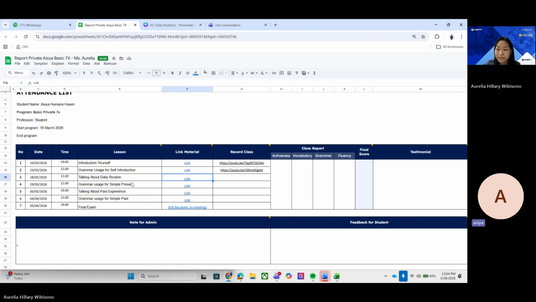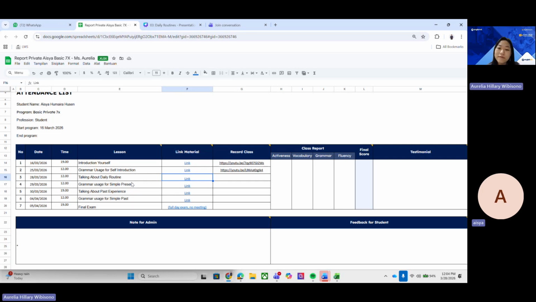Sorry, have you ever heard about simple present tense? Yes, I've heard about simple present tense before. Okay, so what do you think about simple present tense? Simple present tense, like there is simple past tense, simple present tense.